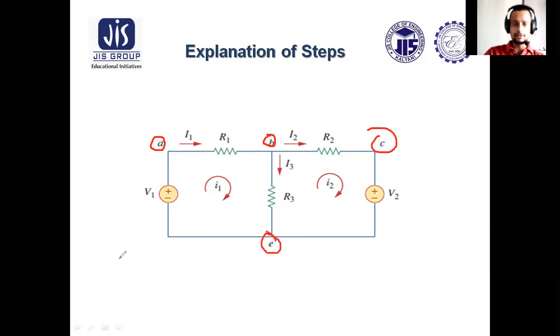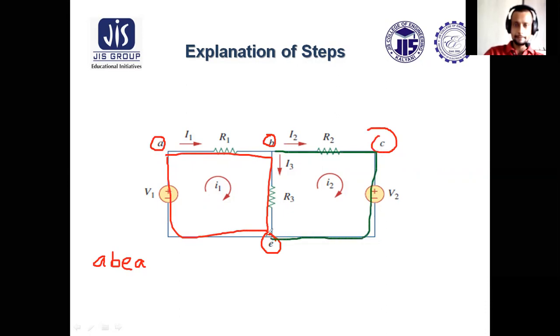Now there is one loop which is A, B, E, then again A. There is one loop, this one. There is another loop, this one, which could be written as B, C, E, and there is another loop which is the outer loop, this one.